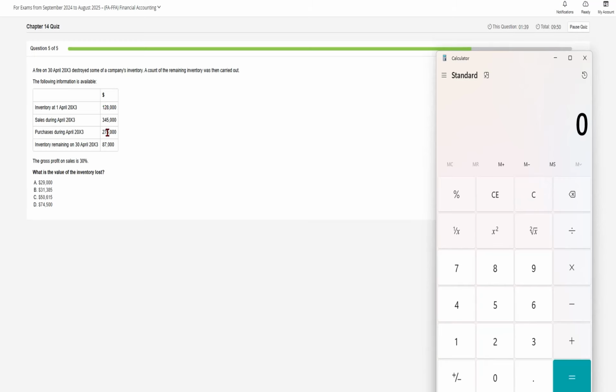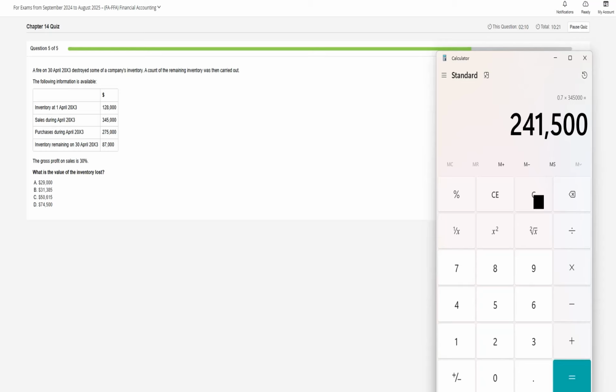So two figures are missing: one is the closing inventory and the other is cost of goods sold. Cost of goods sold can be calculated because they have provided the gross profit of 30%. That means 70% is your cost of goods sold. So 0.7 into the sales value 345,000 gives me the cost of sales value of 241,500. So this is the cost of goods sold value.